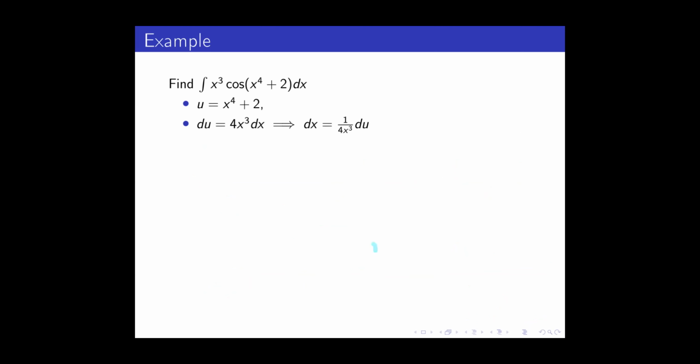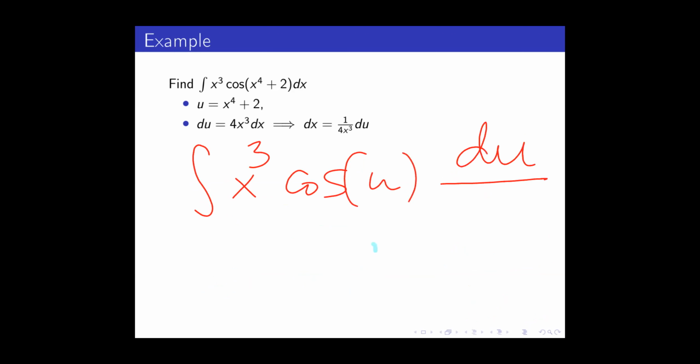You look back at your integral, then you get x cubed, right? Cosine u. And then dx you write as du over 4x cubed. Okay. So the crucial point is change to du first, and then you deal with the extra x later on. So here you have extra x cubed, and where you have x, this cancels, right?